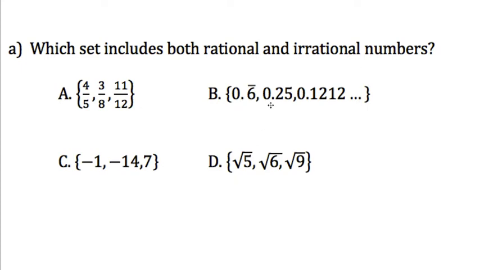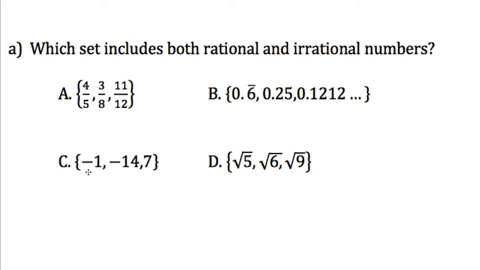Option B, we have 0.6 repeating, so that is something that repeats, so that's rational. 0.25 terminates, that ends, so that is also rational. And then 0.1212, going on and on forever, that's going to repeat, 1212. So that is also rational.